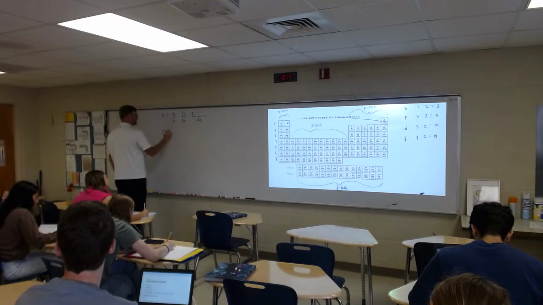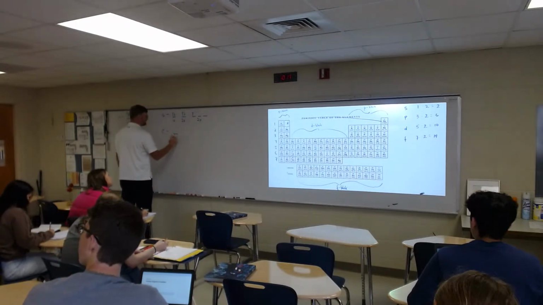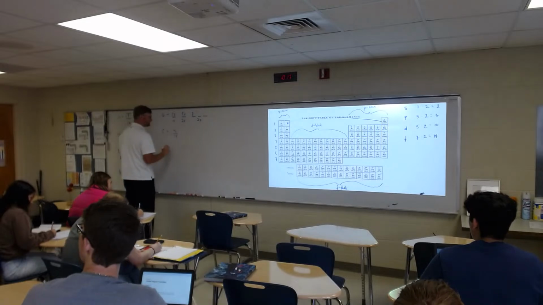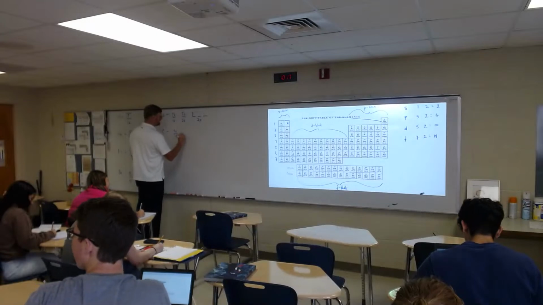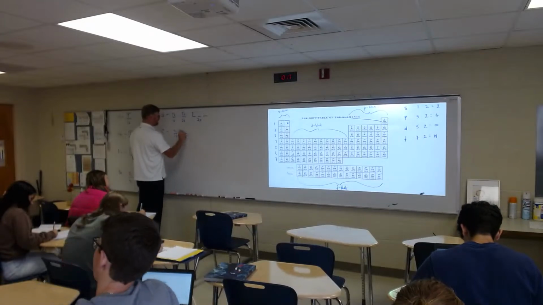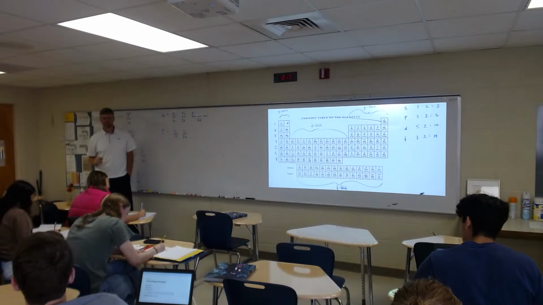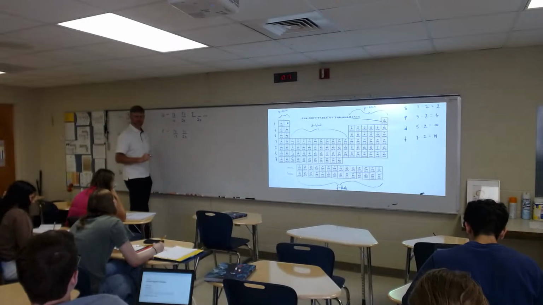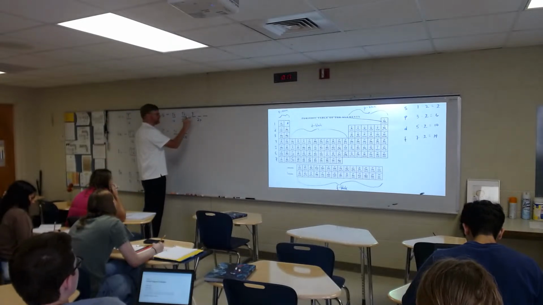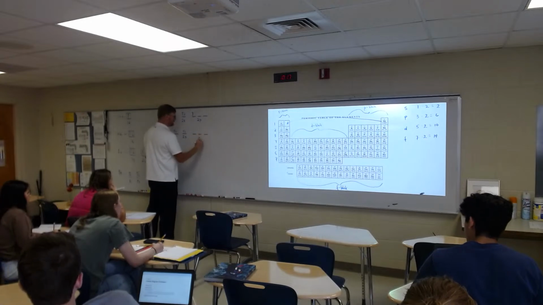Carbon has 6. Well, the first 2 are in the same place that everybody else's first 2 are in. And the second 2 are in the same place that everybody else's number 3 and number 4 are in. What do you think its 5th one would be? Same as that one, right? This just keeps repeating itself.